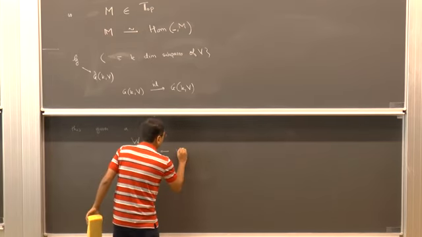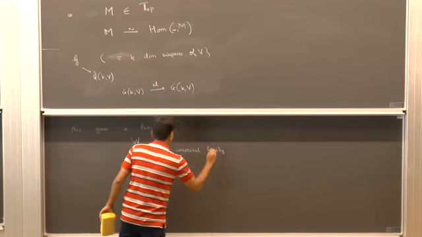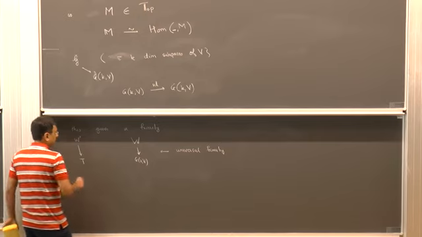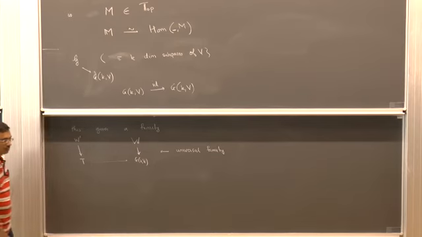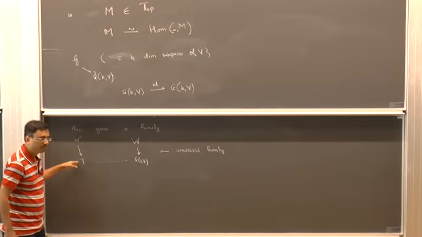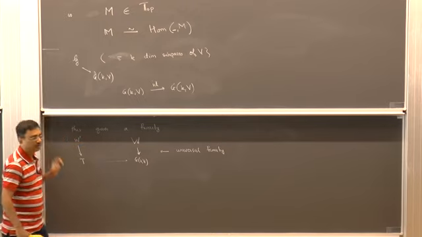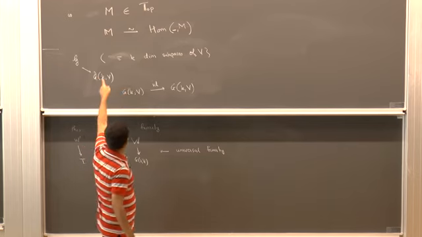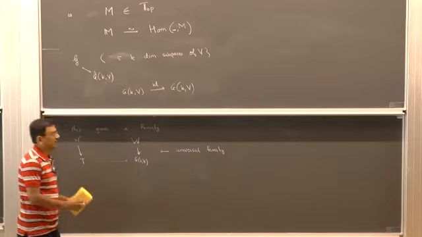This is the universal family, by which I mean: given any other T and a family, let's say W prime on T, there is a unique map from T to G(k,V) such that this W prime is isomorphic to the pullback of W. This is what it means that the functor script G is naturally equivalent to the functor of points of G(k,V).